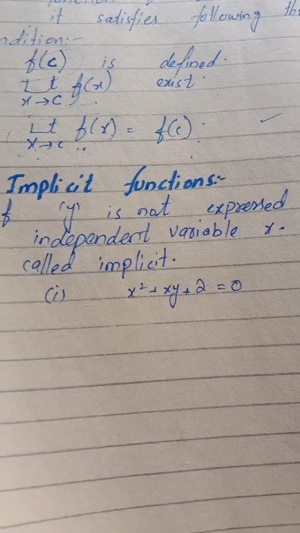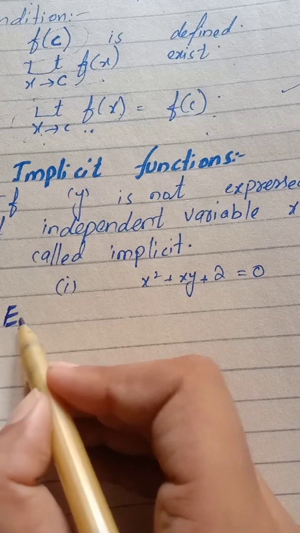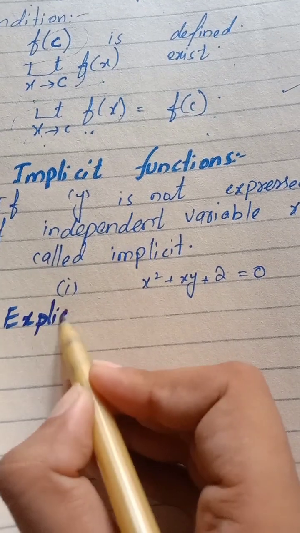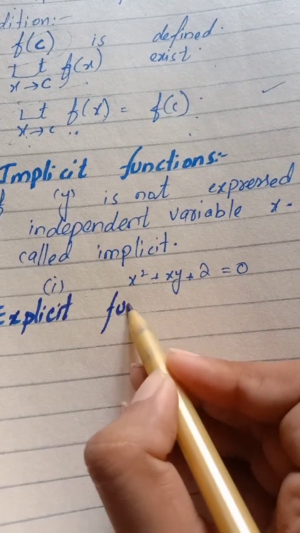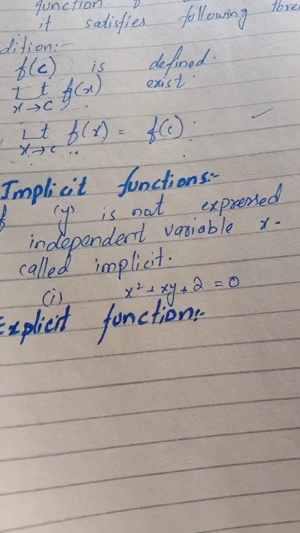Now the other one is the explicit function. It is also an important definition. An explicit function is the opposite of implicit.